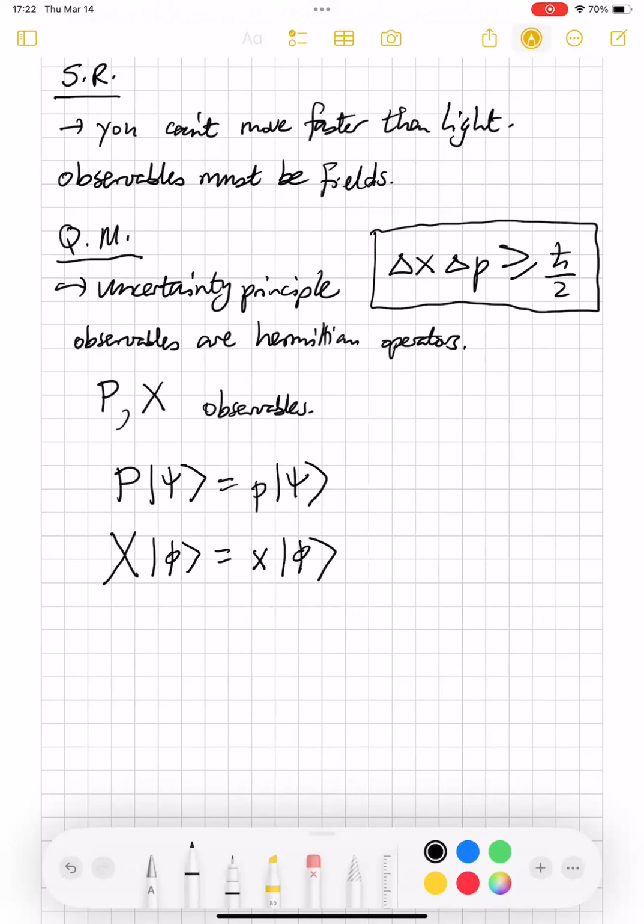So this is what it means to say I've got a definite momentum, I'm an eigenstate of the momentum operator, or I've got a definite position, I'm an eigenstate of the position operator.